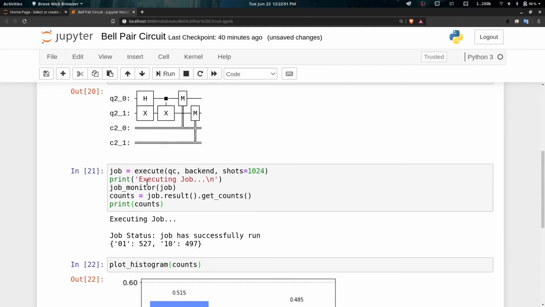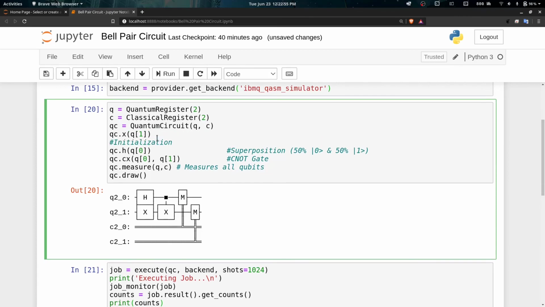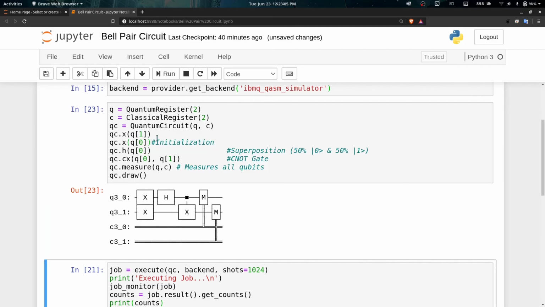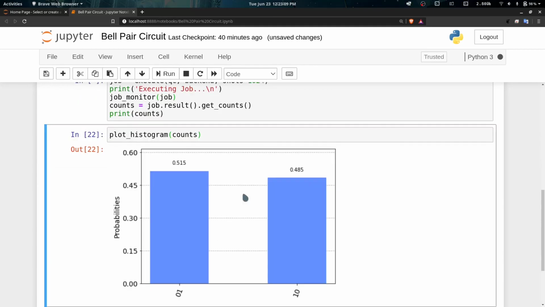There you see. Now I'll apply another X gate, but this time on both, so both the qubits will be initially in state 1, Q0. So you can see I've applied an X gate to both the qubits now. It should again be 0 1 and 1 0, but with a negative phase.